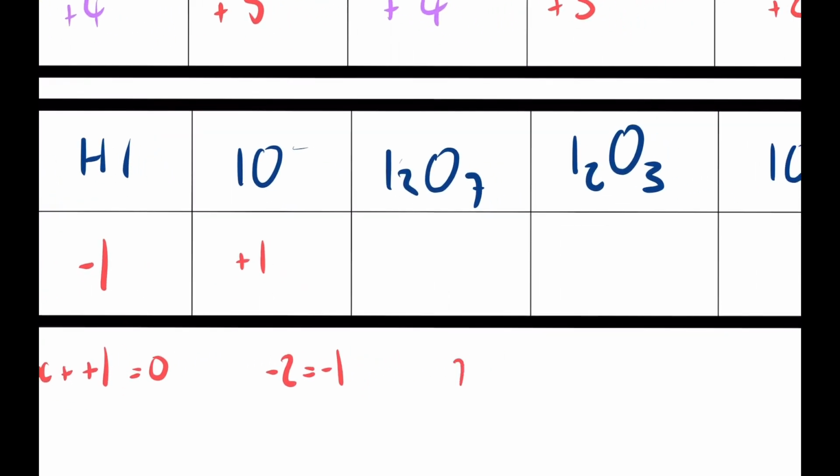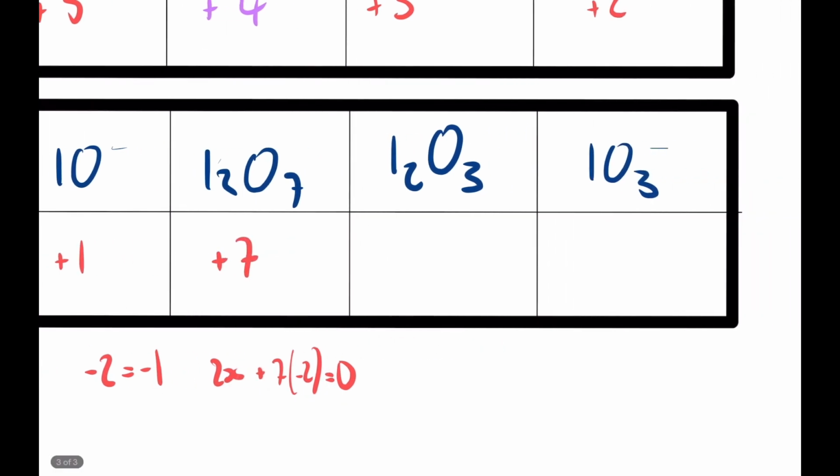I2O7, we've got 7 lots of -2 equals 0 plus 2x. So we've got -14, so here iodine must be +7. Next, I2O3, got 3 lots of -2, whole thing equals 0, 2 lots of x, -6, so each iodine must be +3.